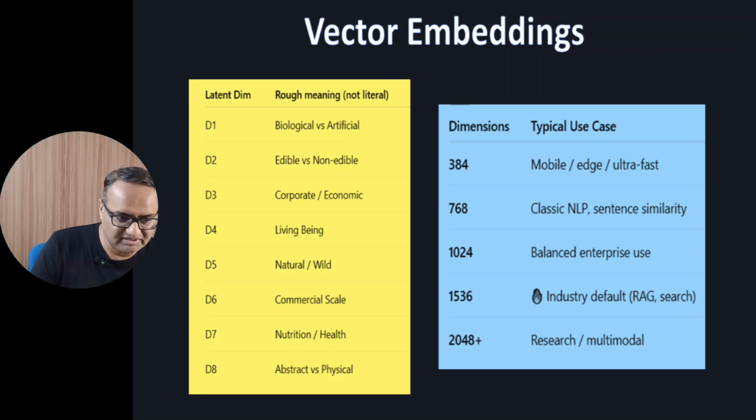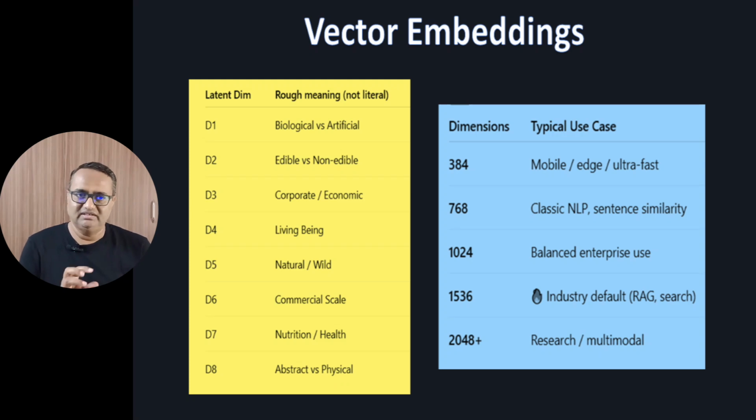If we take Apple as a fruit, it is given higher weightage on edibility, nutrition and health, whereas Apple as a company is weighted on corporate, economic and commercial scale. These are the many dimensions created for each word or sentence, and this is how they are stored in the vector database.